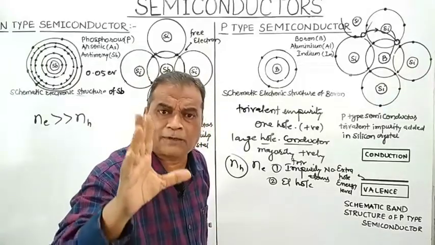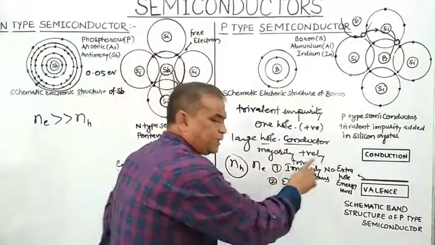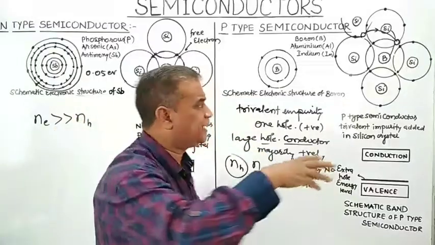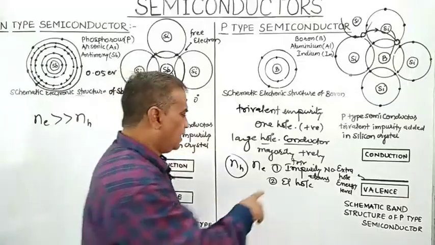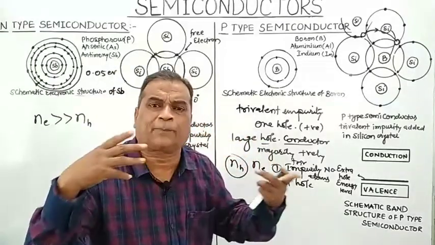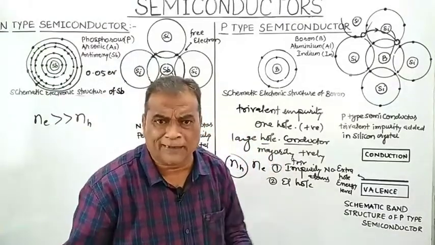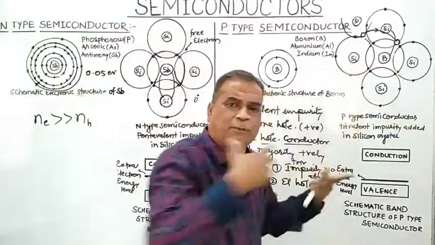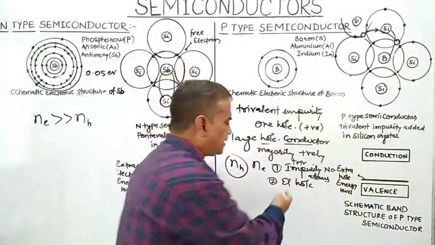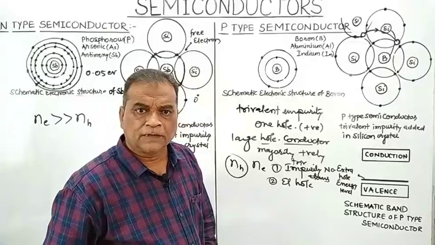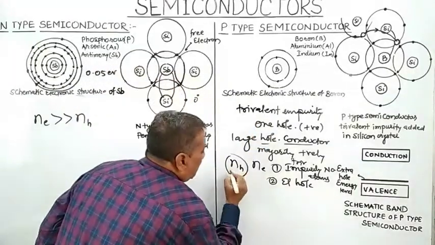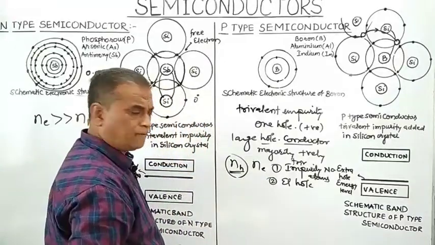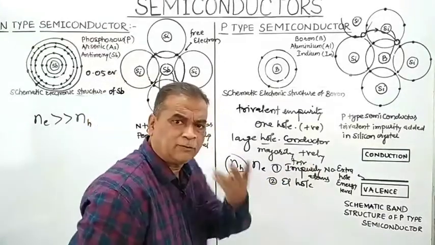The number density of holes depends on the number of trivalent impurity atoms added to the pure semiconductor, and second, electron hole pairs are produced due to thermal agitation. A few covalent bonds are broken, and they create what? Electron hole pairs.